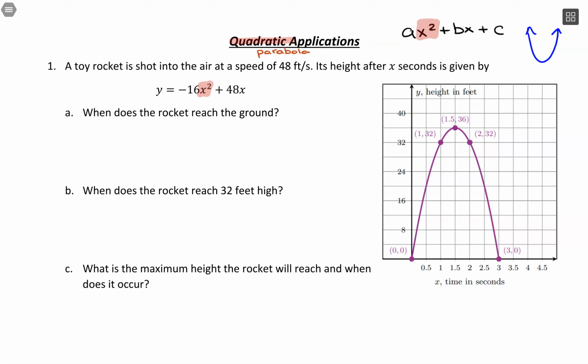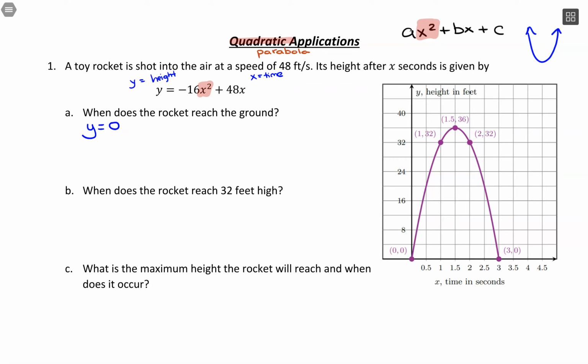So, when does the rocket reach the ground? With this, if we think in terms of our variables, where y is mapping height, and x is mapping time, then what we're looking for here is a height of 0. So we're looking for when is y equal to 0.